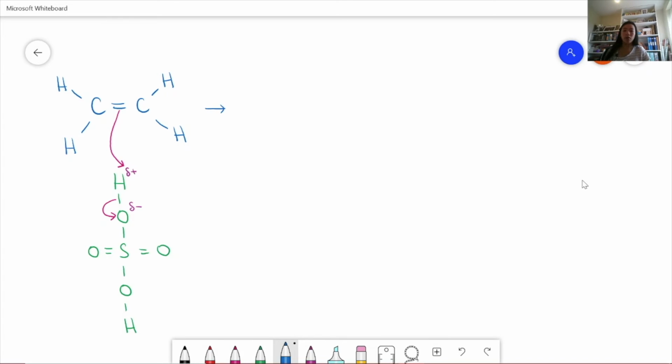We form CH3, CH2, and this CH2 will be positively charged now because it's lost some electrons. And then we also form the rest of what was the H2SO4, but now as a negative ion because it's lost the H+.